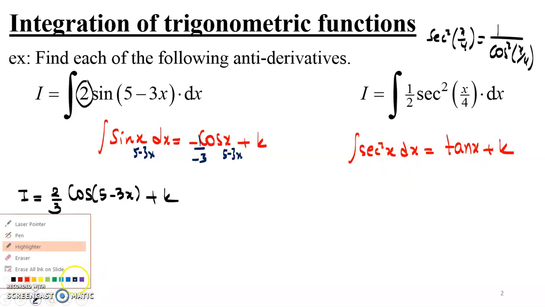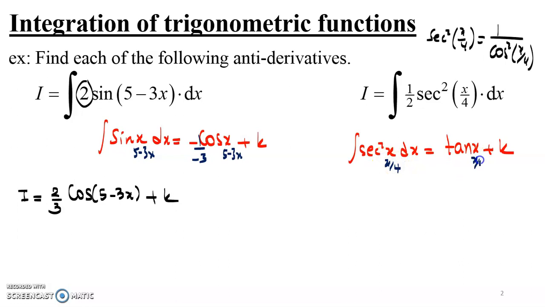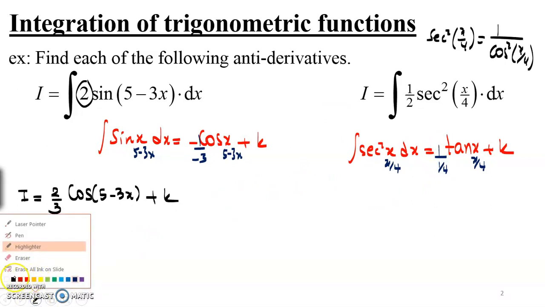However, here instead of x, I do have an x over 4. So in our antiderivative, wherever we have x, we replace it by x over 4, and we do not forget to divide by a. Now, a here is 1 over 4.